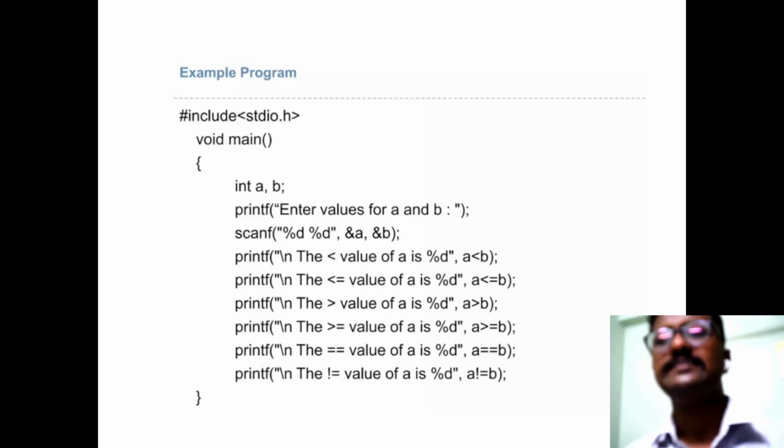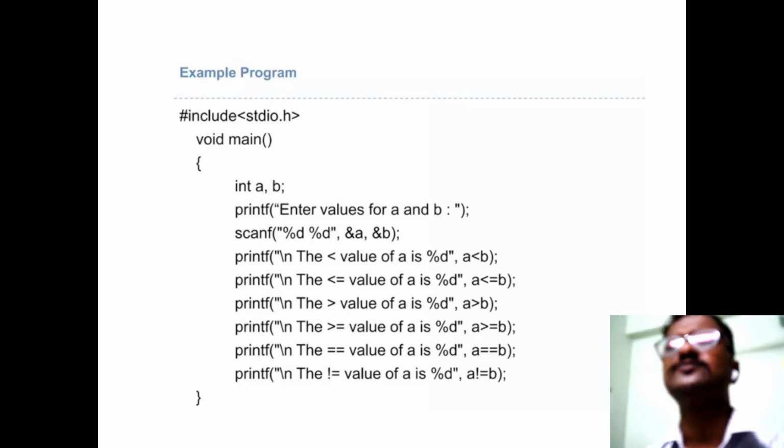Then scanf %d, &a and &b reads the two integer values entered by the user and assigns them to a and b. The scanf function is used to read the values, whereas printf is used to prompt the user to input two integers.